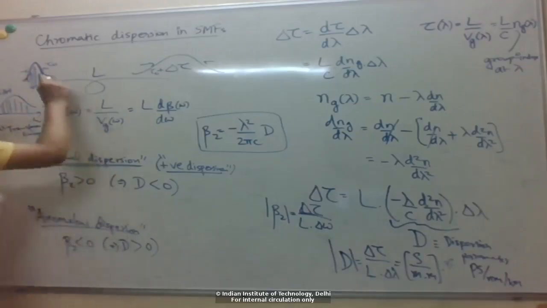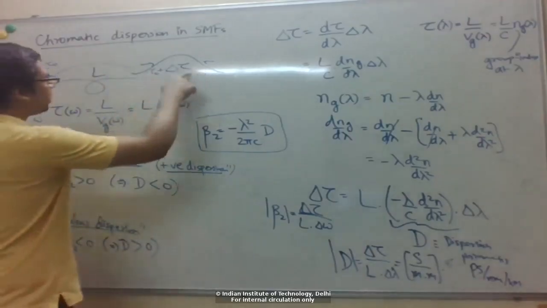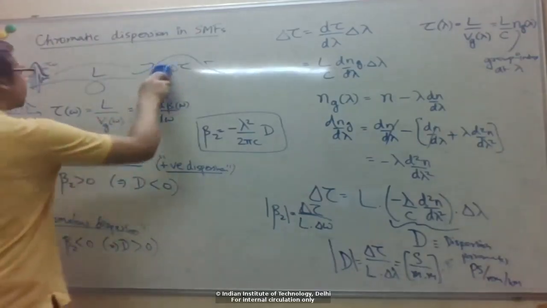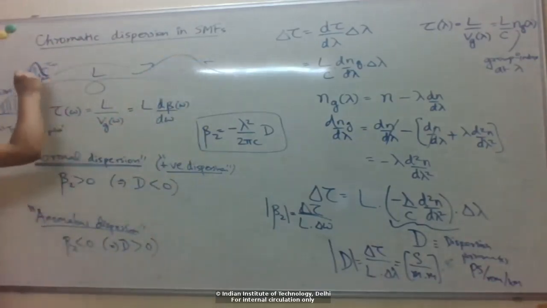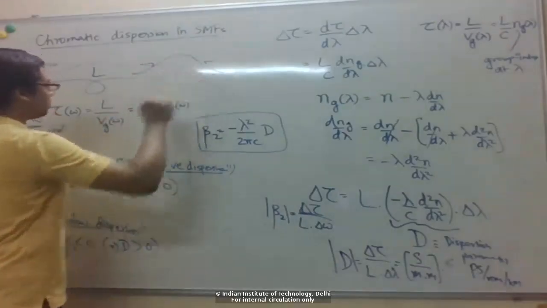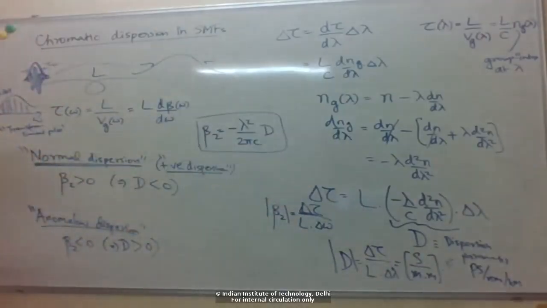Then as this pulse propagates through the fiber, these different frequency components are traveling at different speeds. So at the receiver, different frequencies come at different points in time. You can immediately imagine what that looks like. The instantaneous frequency in the pulse is the frequency at which the carrier is oscillating. Now this carrier will oscillate at different frequencies within the pulse at different times, because the frequencies have spread apart in time.